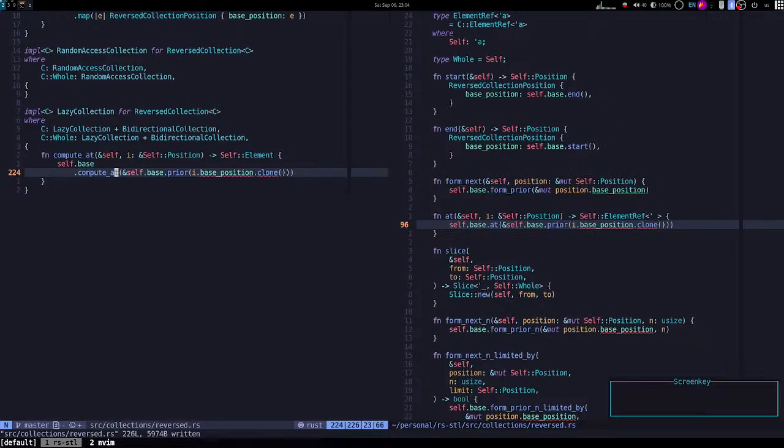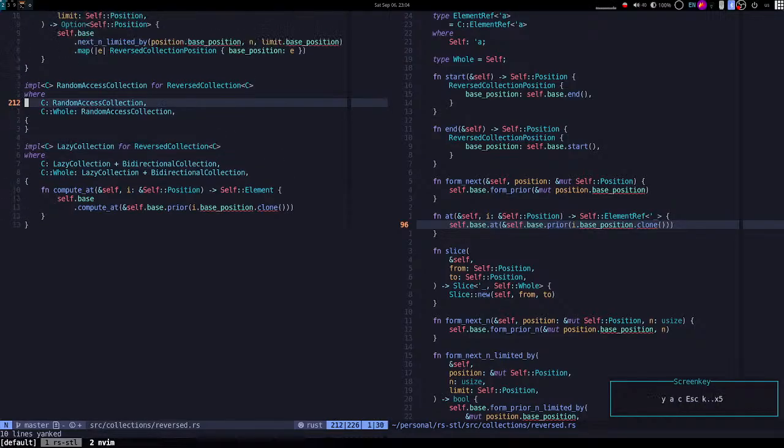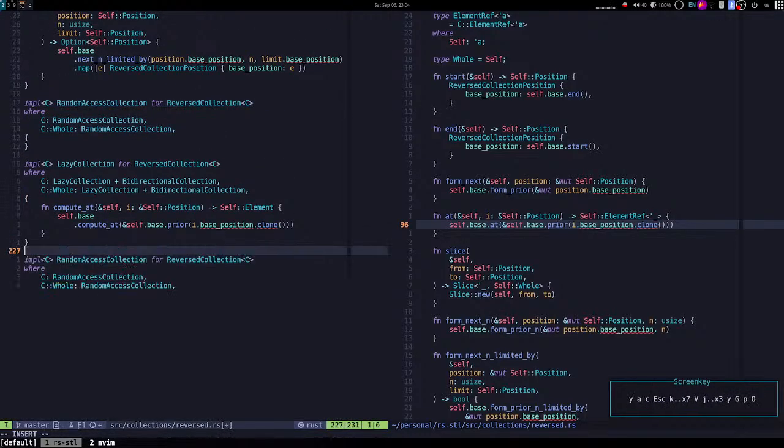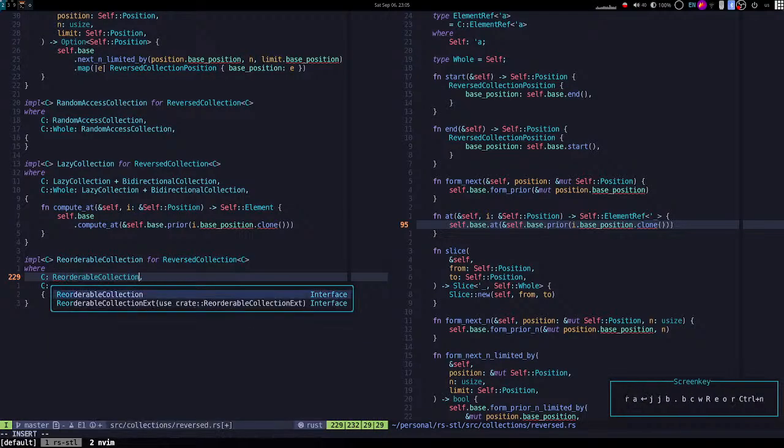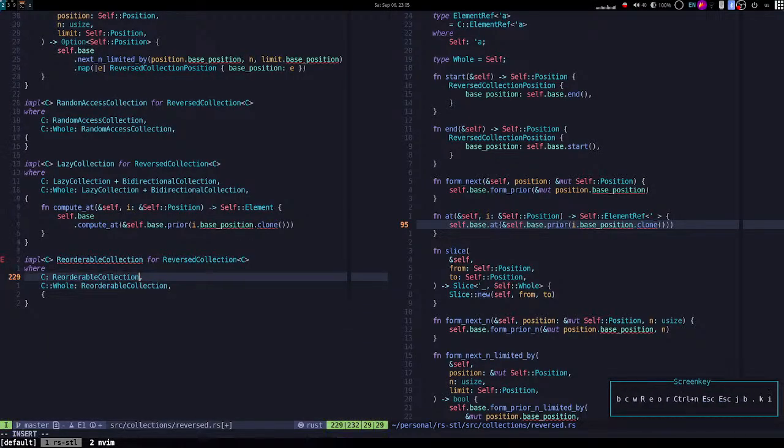I want to implement mutable collection, I guess. Mutable collection is something I like. Reorderable one. Okay, reorderable collection. Let me import it. Reorderable collection, but it should be bi-directional also.